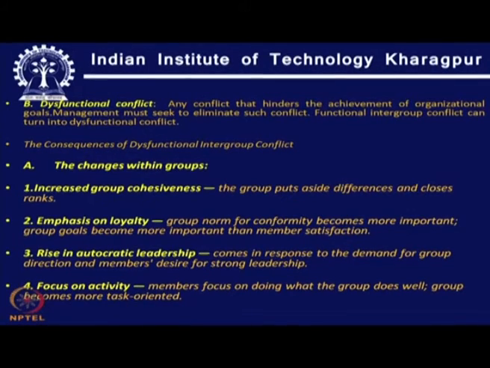The group puts aside the differences that maybe existed amongst the members and tries to maintain solidarity within the group, so that as a unit they can stand against the attacks or threats from the other group. So, intergroup conflict leads first to increased group cohesiveness when you are talking of changes within the groups.